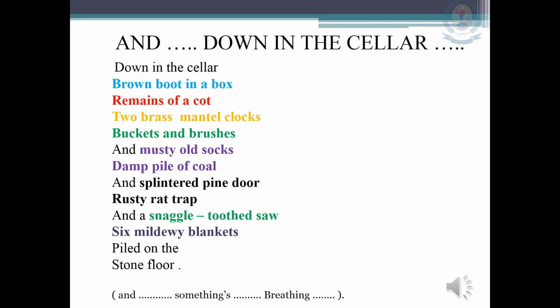And we discussed the characteristics of concrete poetry, right? So it gives us brainstorming ideas, right? And the subject can be anything, but the expressions are very important. And we discussed examples of concrete poetry. And finally, I gave you a clear description of the poem Up in the Attic.